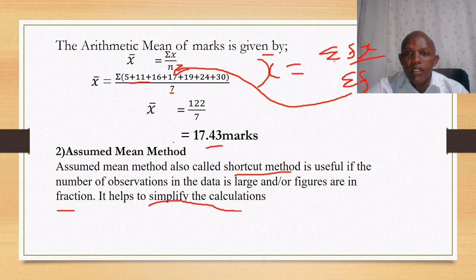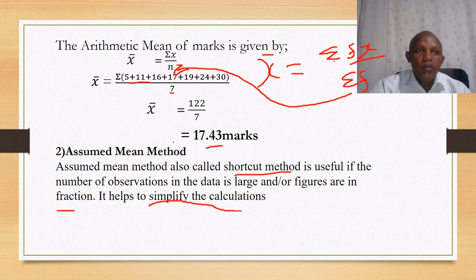We're going to look at that later, but generally we are saying that instead of summation of x, if it is data that has frequency, then the formula becomes summation of fx. In other words, we are looking at the product of the values of x and the corresponding frequency. You add, then divide by the number of items. This summation of f and n is implying the same thing.